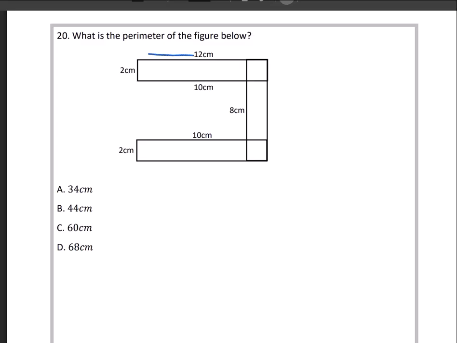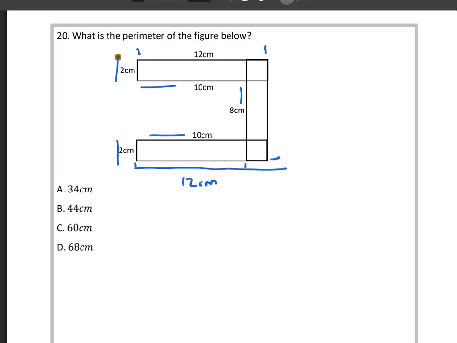So from here to here is 12. As you can see, here is 2, here is 10, here is 8, here is 10, here is 2 again. Now this part which is below is also going to be 12 cm, because as you can see, from this point to this point is 10, so remaining this other end, and the total from this end to this end is 12, so that means this is also 12.